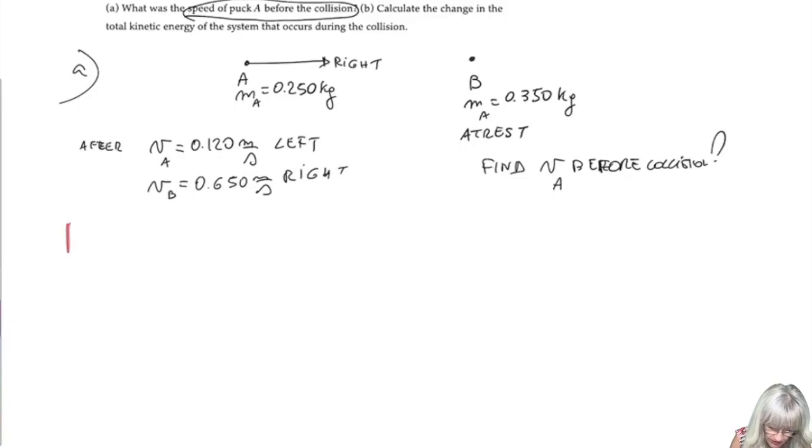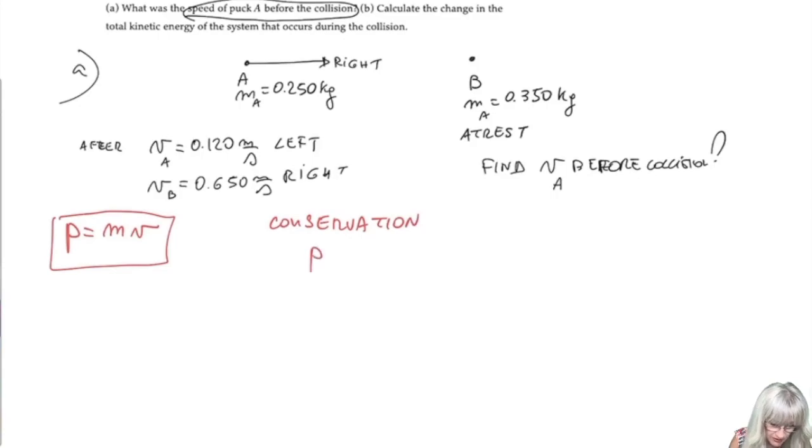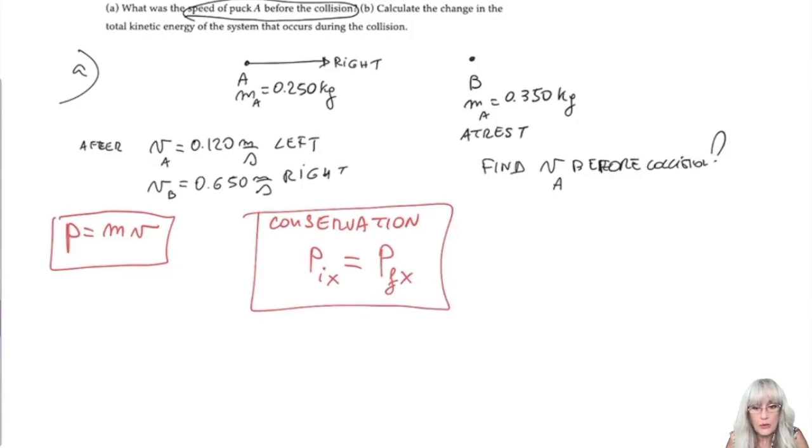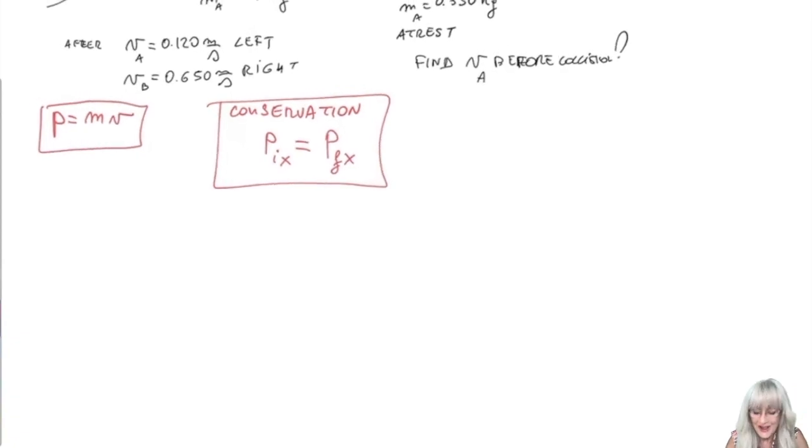You remember momentum: you want the mass, and how fast the object is moving. What else do I know? That there is a conservation of momentum. So the final momentum on the x-axis is equal to the initial momentum on the x-axis. Perhaps we can use this important condition to find V of A initially.